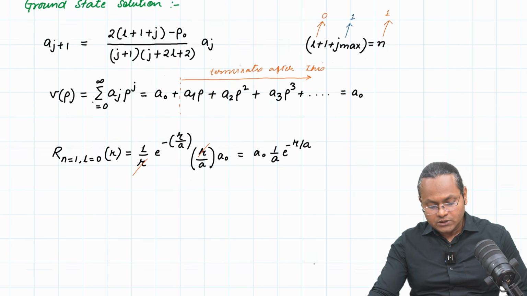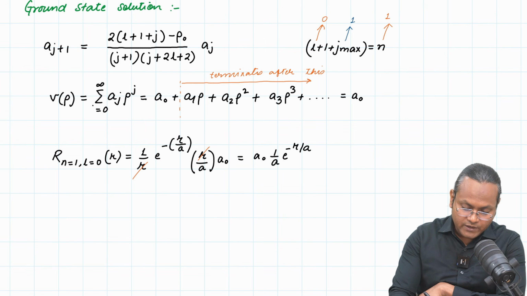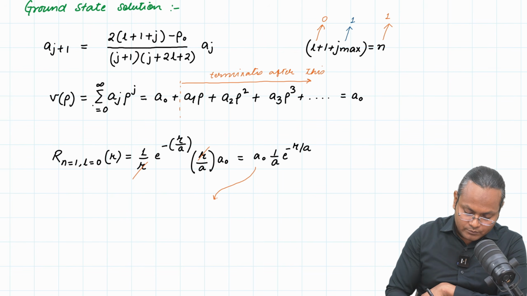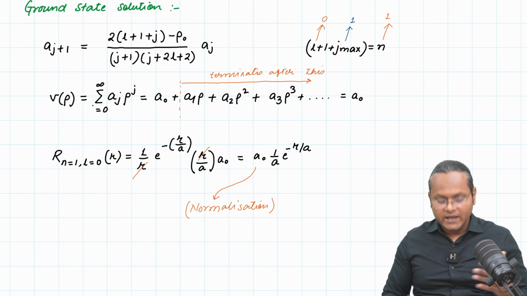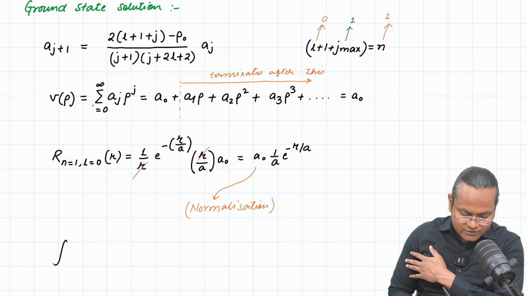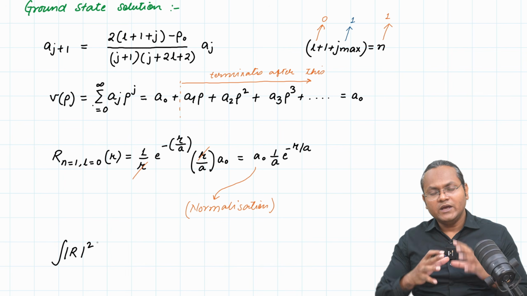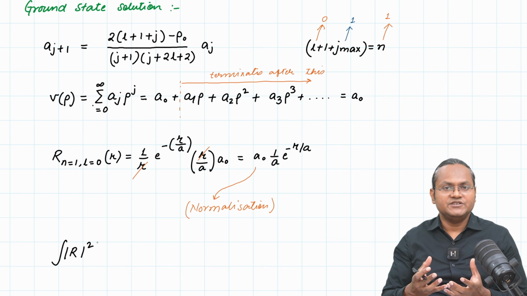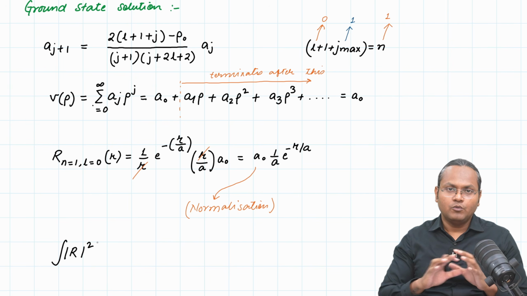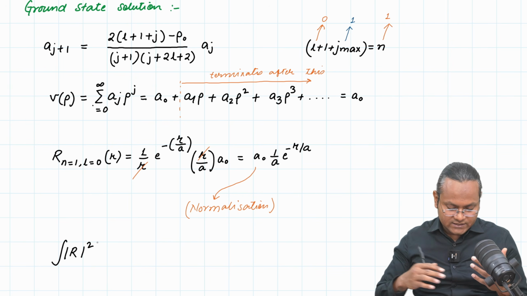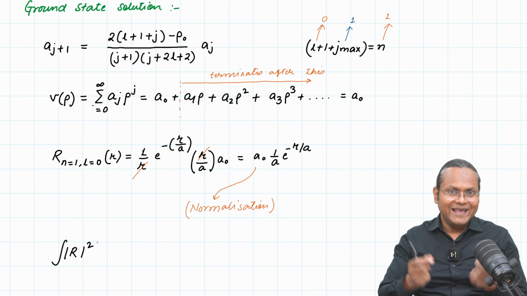A naught is a coefficient, which is a constant, and its value can be obtained by the process of normalization. So we can normalize this to get an idea about what a naught is. How do you normalize it? If we normalize the radial solution, we have |R| squared, but because we are dealing with a 3D problem, essentially a spherical volume, and we want to find the probability density at a radial distance, we take a shell element.